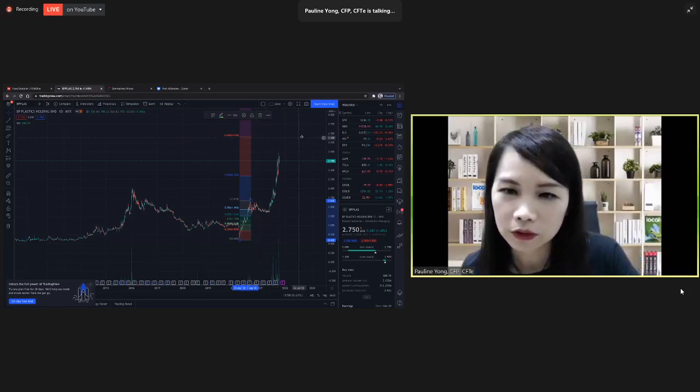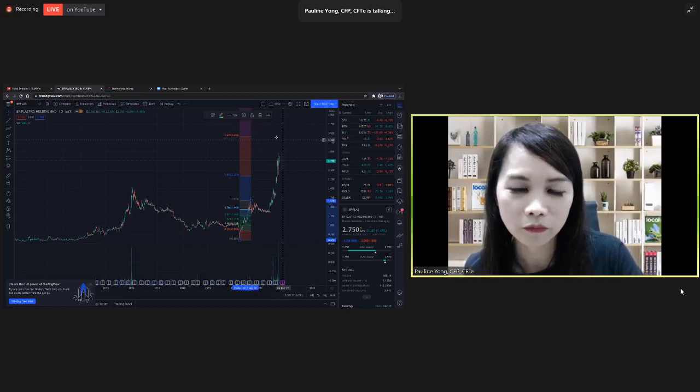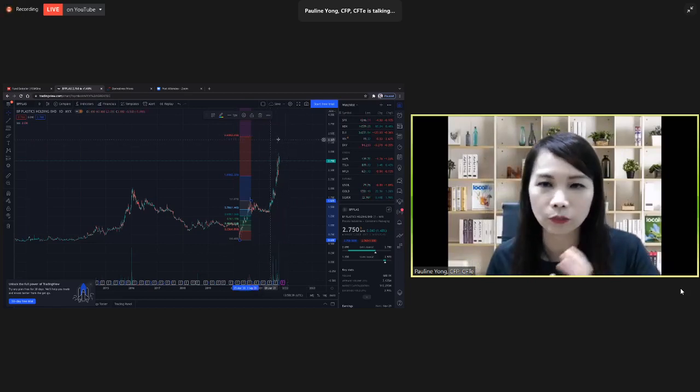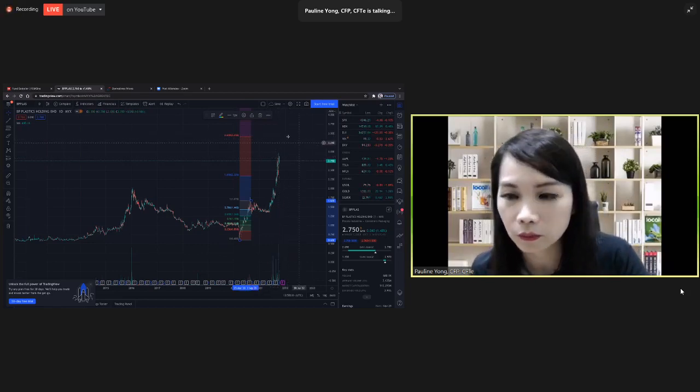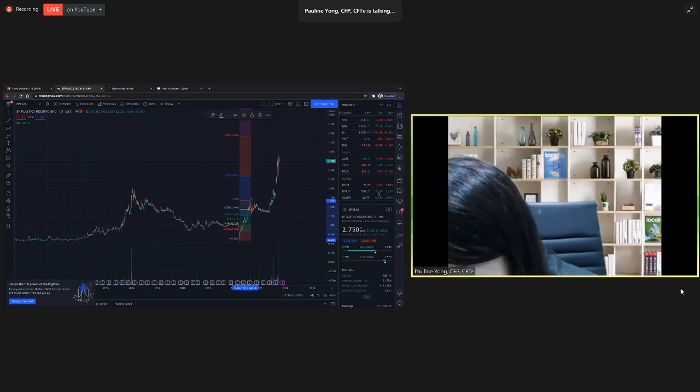Looks like it's going to reach this level, but no guarantee. In this case, Fibonacci extension will be better than the Elliott wave. Okay, then I think I have seen a lot of names here.